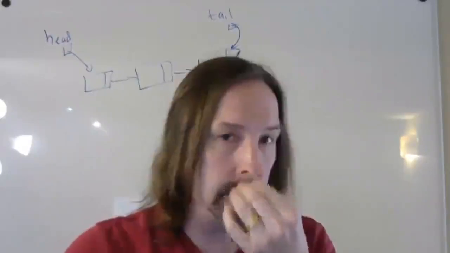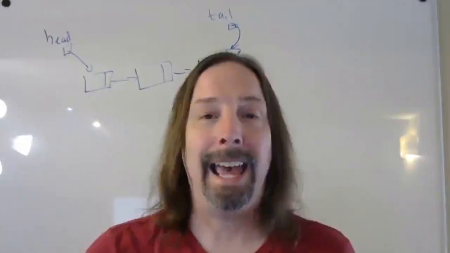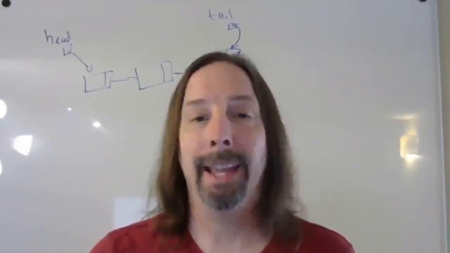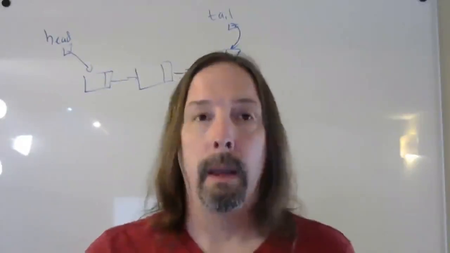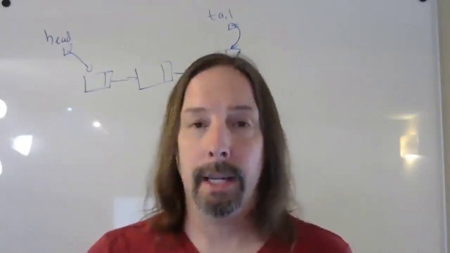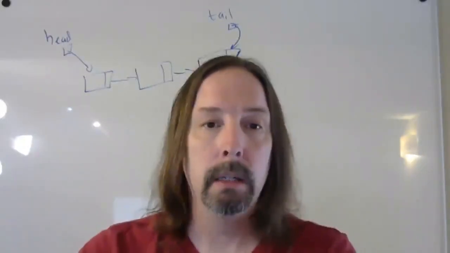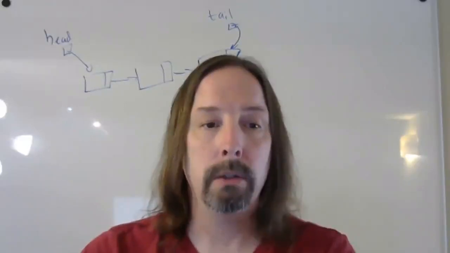Now, here's the next thing I want to add. I'm going to add a method called insert at tail. All right, we've got an insert at head, and now I'm going to add an insert at tail. And this is going to allow me to add things to the end of the list whenever I want to.